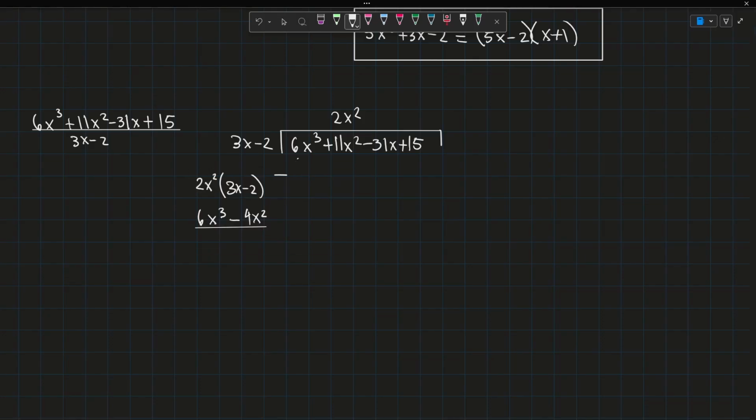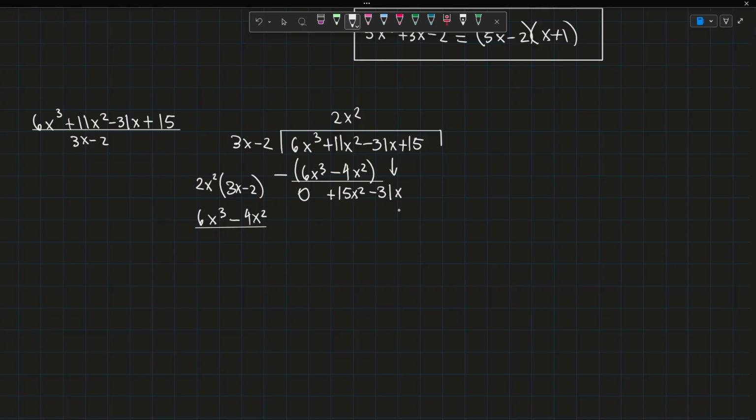We're going to multiply this out and get 6x³ − 4x². This cancels out, great, we have a 0 here. This becomes minus plus, so this becomes plus 15x². We're going to bring this down, and we're going to get negative 31x.